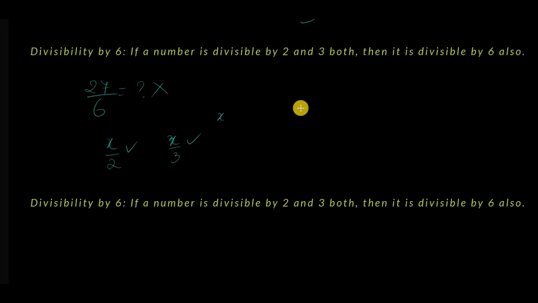Let's take an example. 18. 18 is divisible by 2, right? 2 9s are 18. And is it divisible by 3? Yeah, 6. So we know that 18 is divisible by 2, and 18 is divisible by 3. So 18 will be divisible by 6. That's very easy.